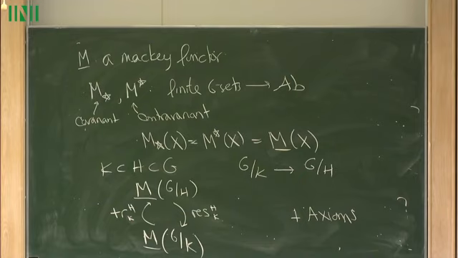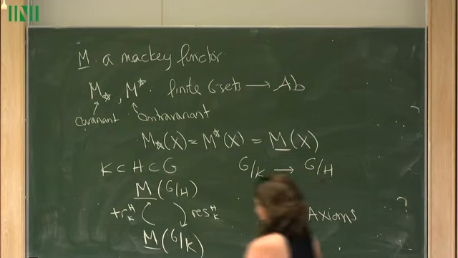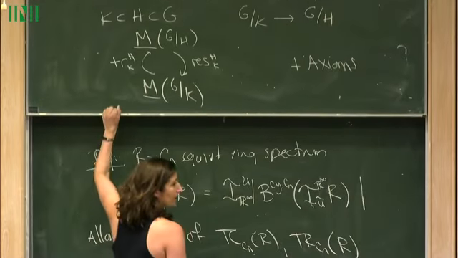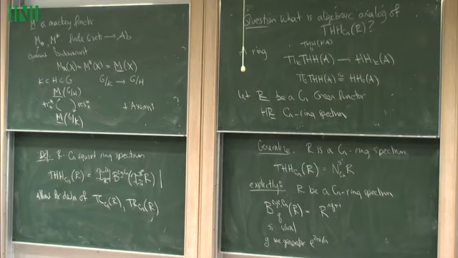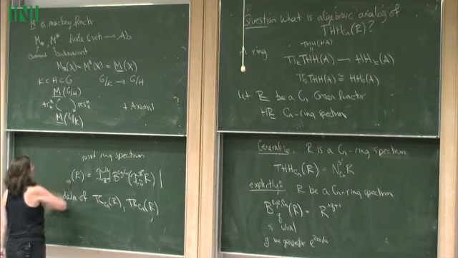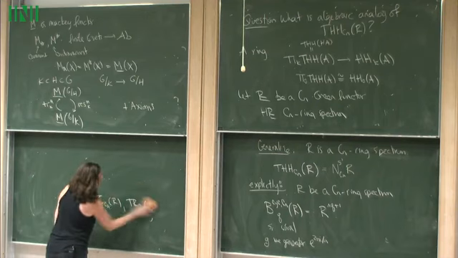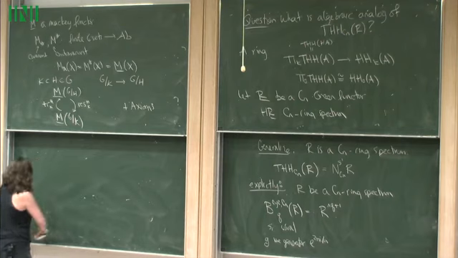So what's an example of a Mackey functor? The classical first example is representation rings, but maybe for us, an example is to think about equivariant homotopy groups.